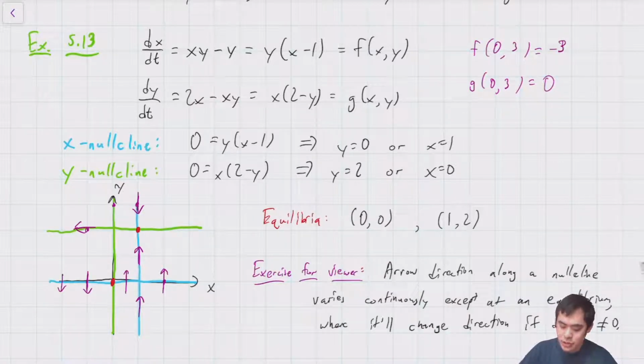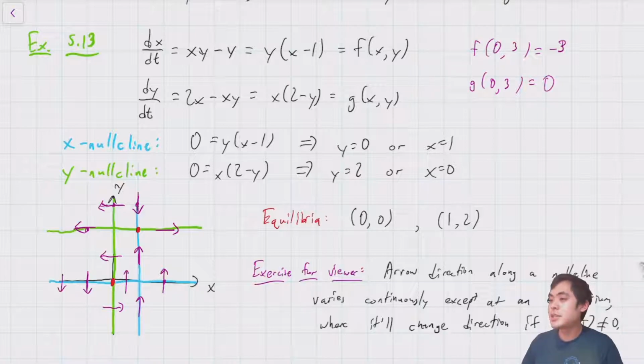So along the x-axis, it's going in the negative direction. So that's still going this way. And with a little bit of checking, you'll find that it goes this way there, this way here. So it goes in the positive direction there. And over here, it switches direction again and goes to the right.